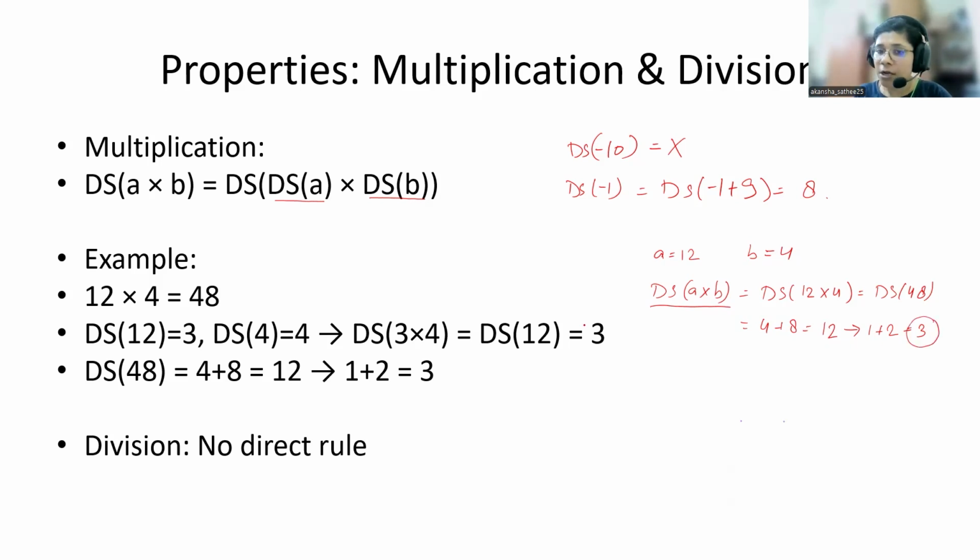Am I clear? Now, you compute the digit sum of A first. A is 12, so 1 plus 2 is 3. You can see that the digit sum of A into B and the digit sum of A are equal, but you cannot generalize it.